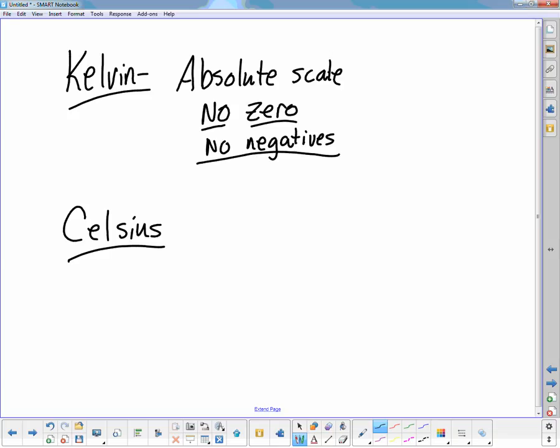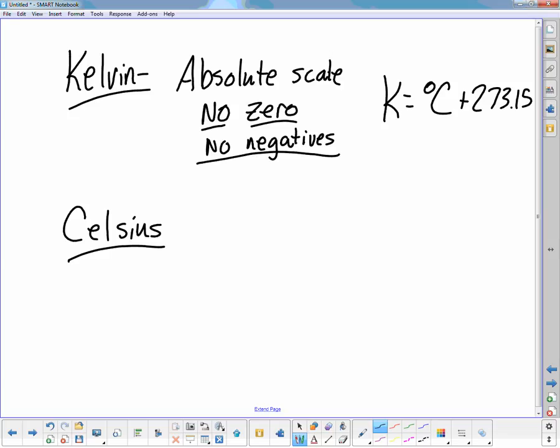They're the exact same. The only difference is Celsius goes negative, but Kelvin does not in our realm of things right now. Okay, so how do I get from Celsius to Kelvin? Well, Kelvin is equal to Celsius plus 273.15. You'll notice I did not put a degree sign with the Kelvin. Kelvin does not have a degree sign. Okay?